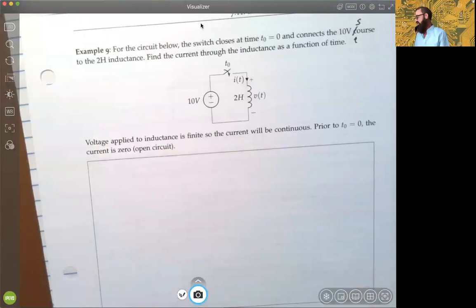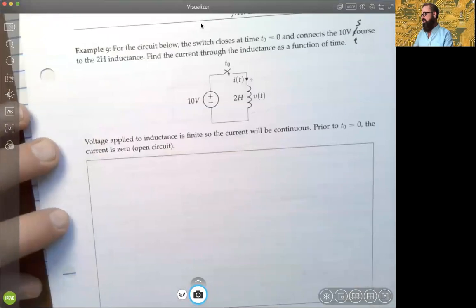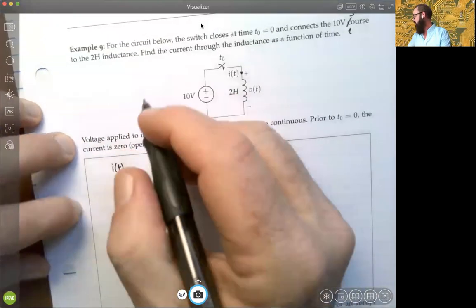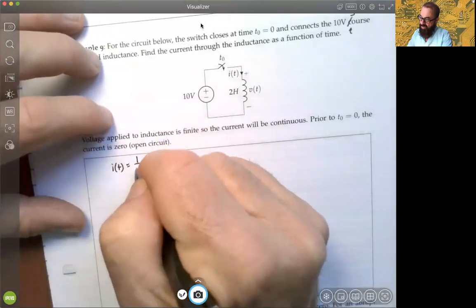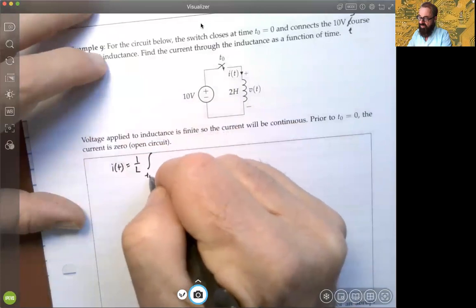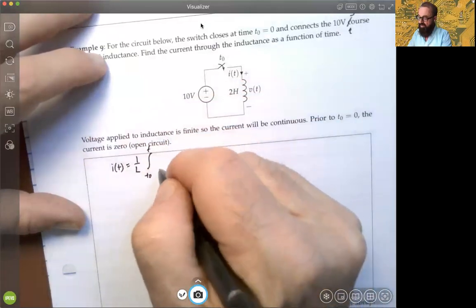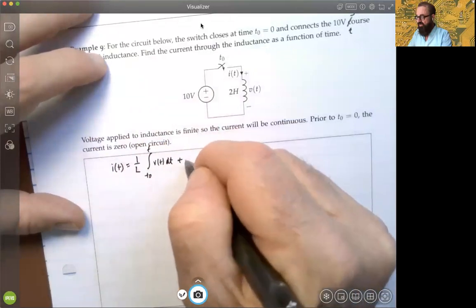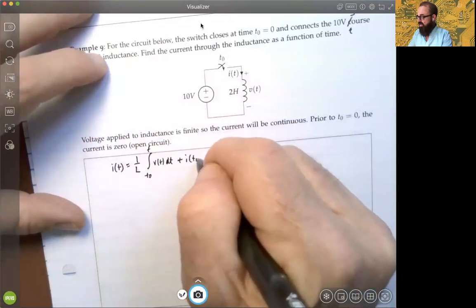We know that to get current, we have this equation involving an integral. It's 1 over the inductance parameter L, integrating from T0 to T of the voltage as a function of time dt, plus whatever initial current we have.